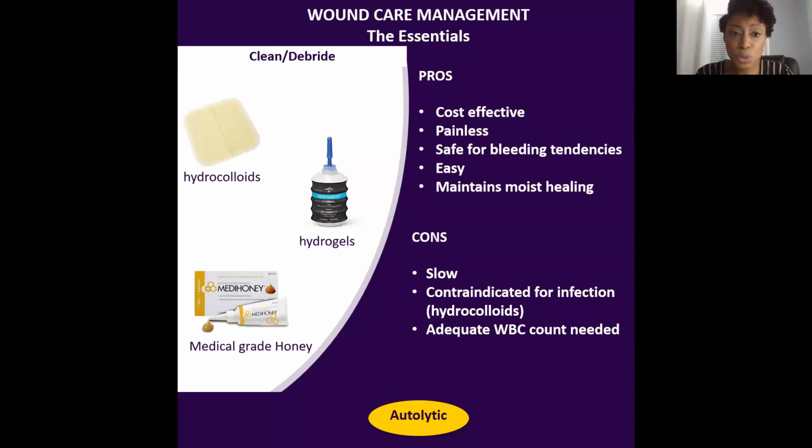So when you perform autolytic debridement, you're basically maintaining a moist healing environment, allowing wound fluid to clean the wound for you. This is very common, and this is probably the most common way in which we do debridement in the United States. So these are several dressings that help facilitate autolytic debridement. For this reason, the patient should have an adequate white blood count in order for this to be successful.